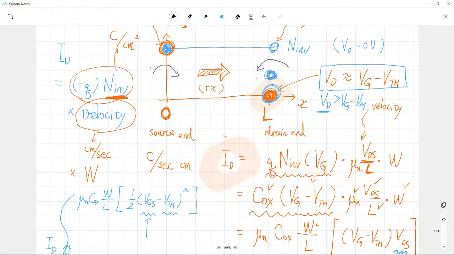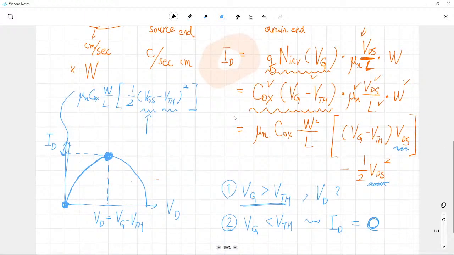It is no longer possible to follow that assumption. So the approximation used to derive this beautiful ID expression should be understood as limited to this part, only before reaching Vg minus Vth.